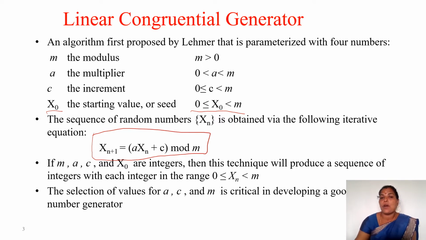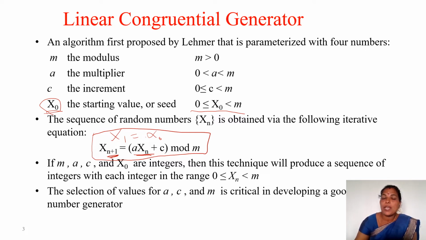Using this formula, for generating the next value you need the previous value. So in order to generate the x1 value, you need the x naught value, which is the initial seed. If we apply this initial seed value to the formula, we can easily get the pseudo random number, and generate the sequence of random numbers as well.